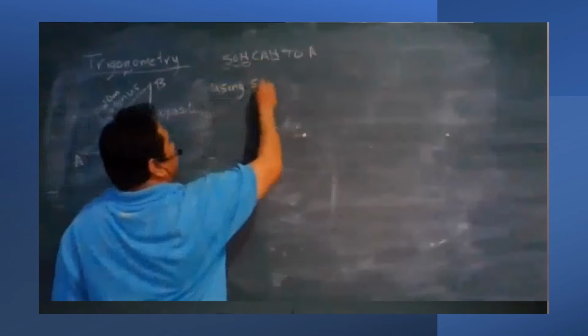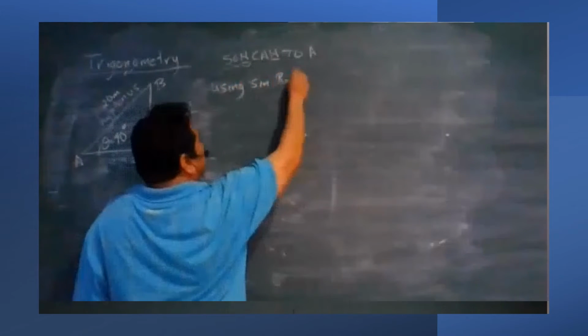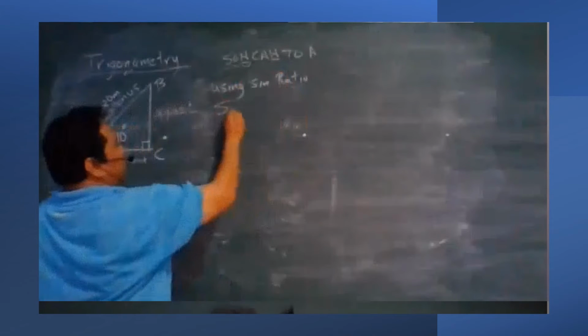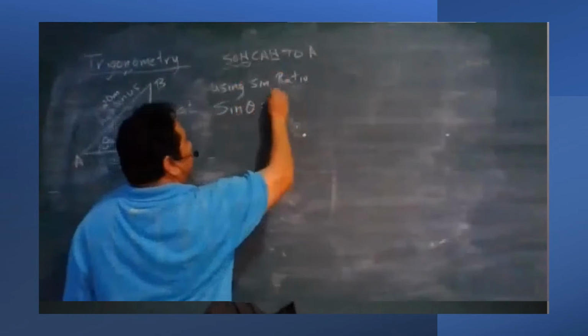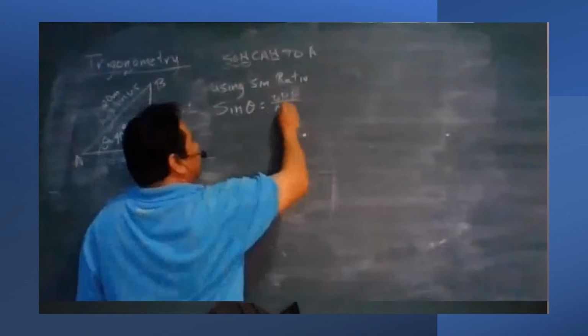If I want to find the opposite, which is what I will do first, I will use sine. So when I say using the sine ratio, I'll write out the formula: sine of theta equals opposite over hypotenuse.